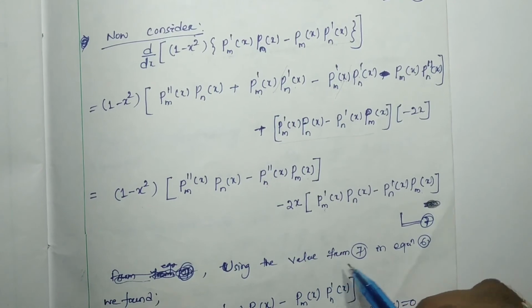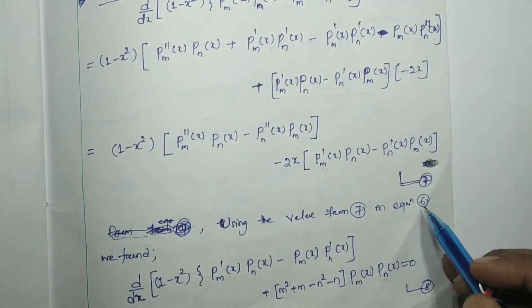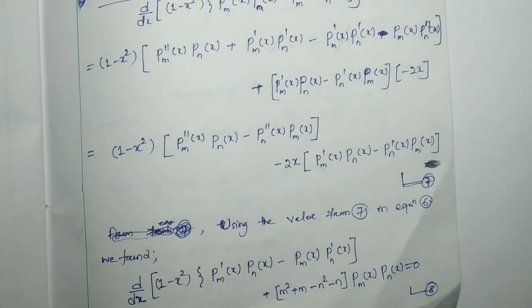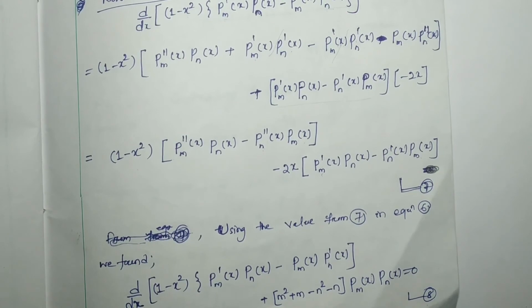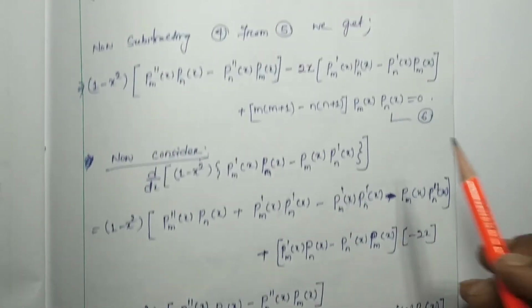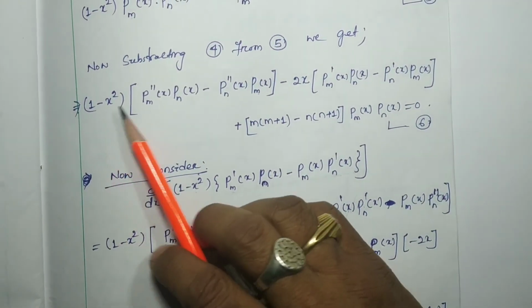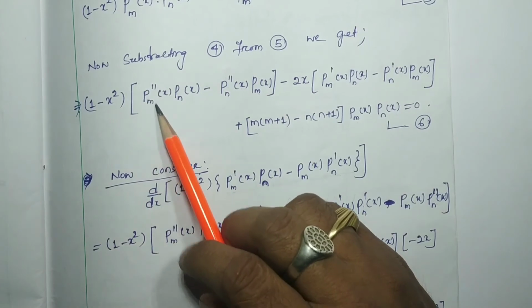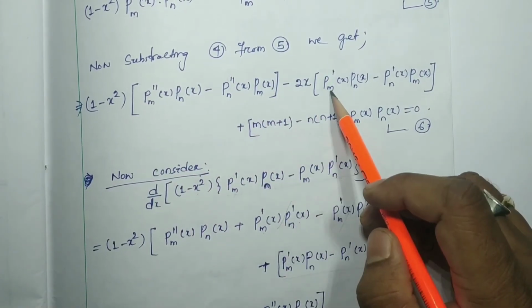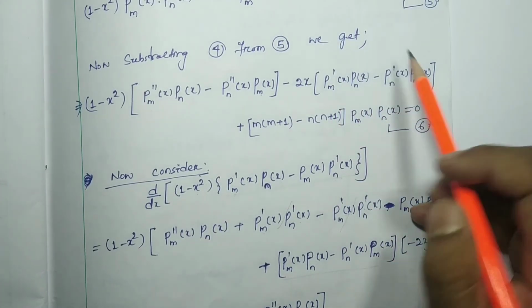Use the value from 7 in equation number 6. Now we have to check equation number 6 and put the value from equation number 7 in 6. Here you can check the 6. 6 is what? 1 minus x square pm double dash x pnx minus pn double dash x pmx minus 2x pm dash x pnx minus pn dash x pmx.